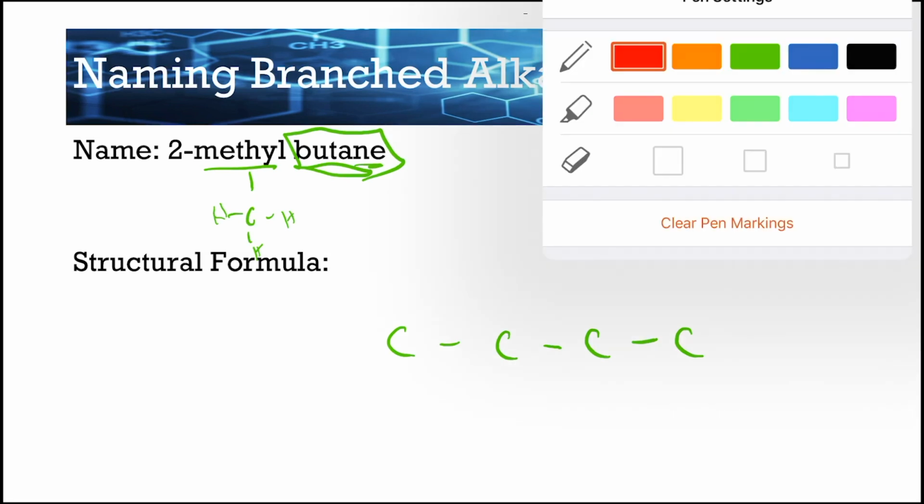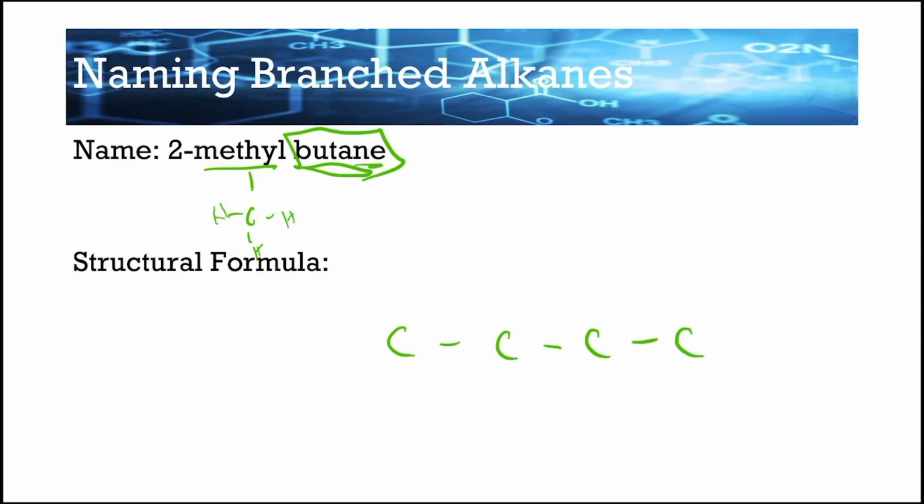So if we label the carbons 1, 2, 3, 4, we can add that methyl group right here on carbon number 2. And so everything else is an H, and it looks just like that.